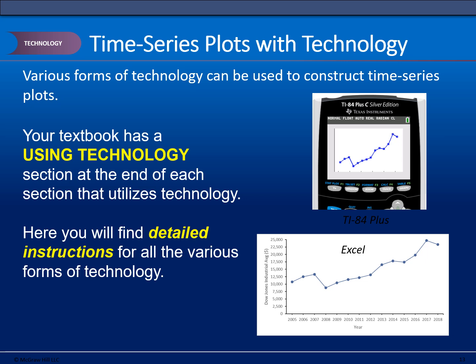So if you want to create time plots with the TI-84 or with Excel, go to the back of the section for this chapter, which is 2.3, and you'll see a page that's using technology.